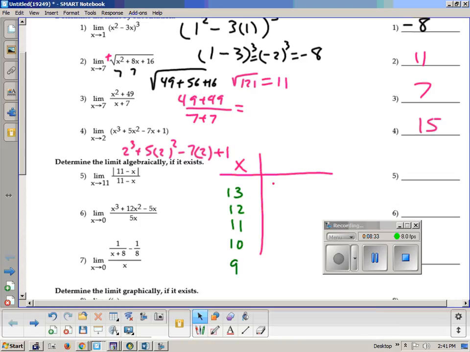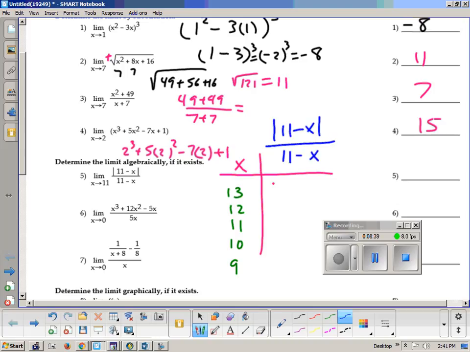So the absolute value of 11 minus x over 11 minus x, so 11 minus 13: the absolute value of 11 minus 13 over 11 minus 13 is going to give us the absolute value of negative 2 over negative 2, which gives us 2 over negative 2, which is negative 1.